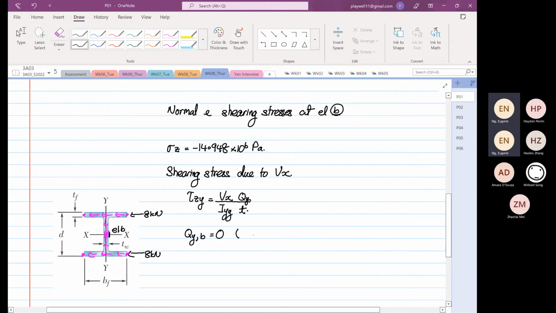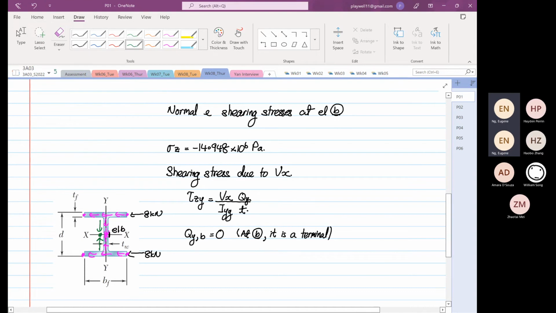So for this case, Qy at point B, element B, is equal to 0. Y is equal to 0 because at point B, it is a terminal. Okay, so I did this on Tuesday also, because the shear flow coming from the top portion and coming from the bottom portion meet exactly at the center, right?